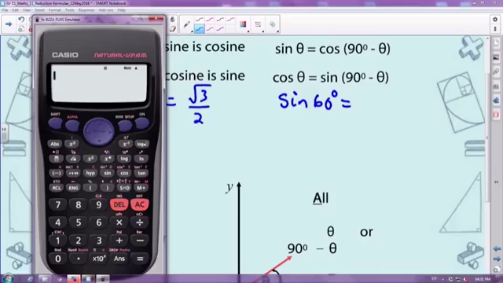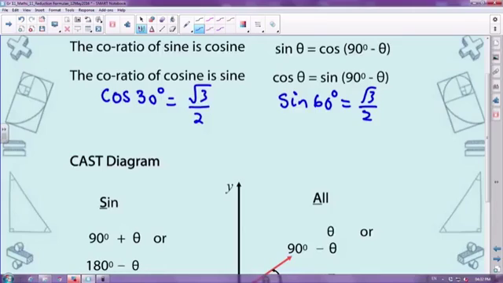Now, let's check sine of 60, right? That is root 3 over 2. Now, guys, let's just establish what has happened here. I've got cos 30.